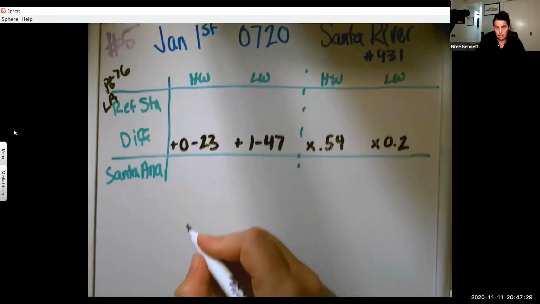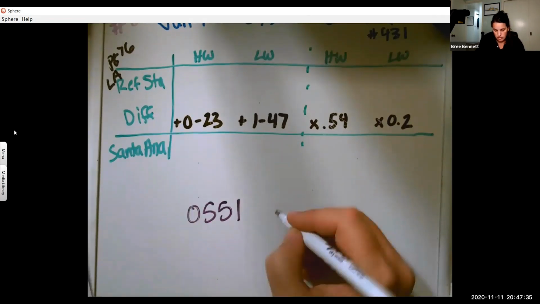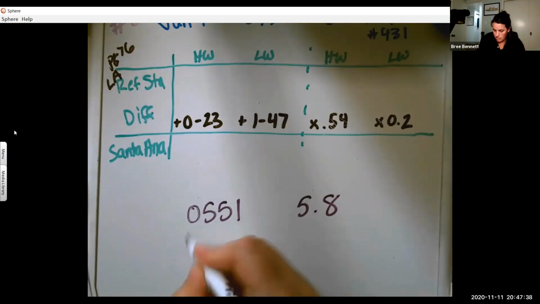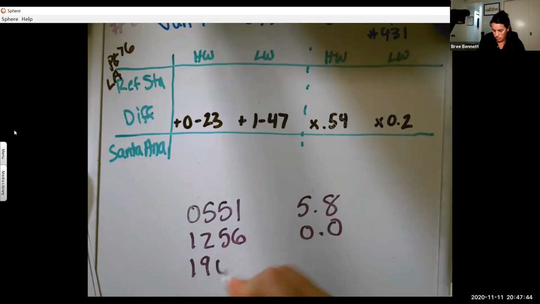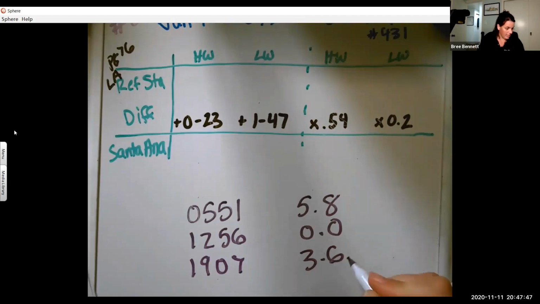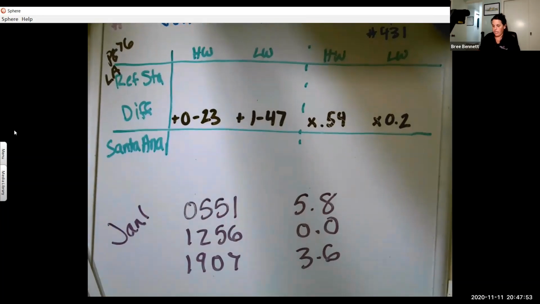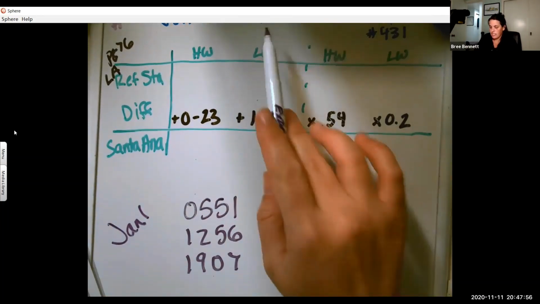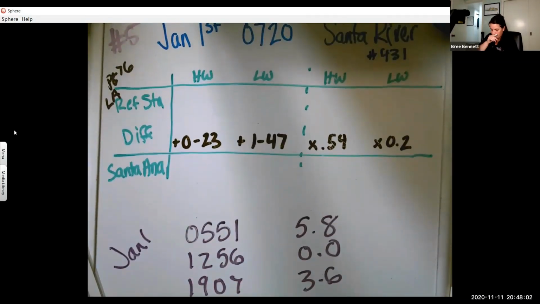I'm just going to write in here so we can use it as a reference. 0551 was 5.8, 1256, 0.0, and 1907, 3.6. So this is January 1st for LA. And I'm looking for a time of 7:20. So I want to know which of these will sandwich my 7:20 that I'm looking for.